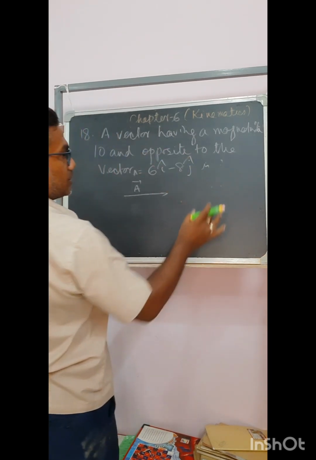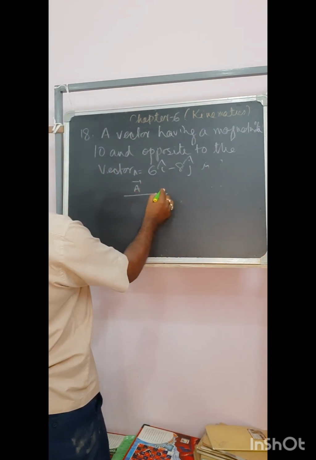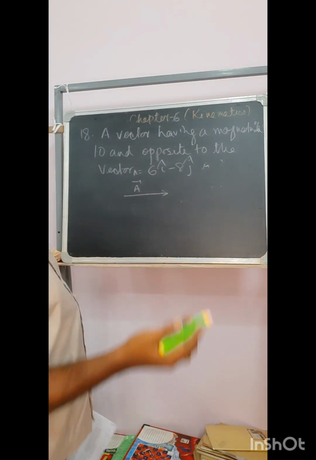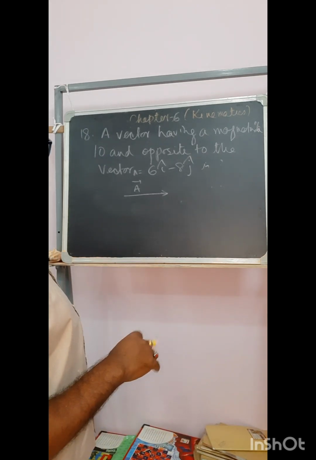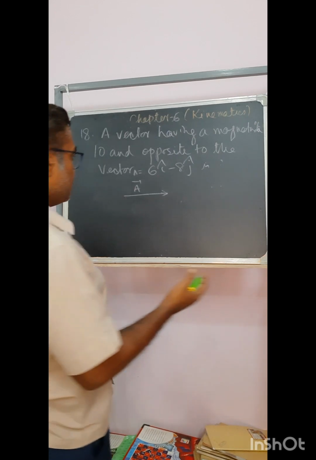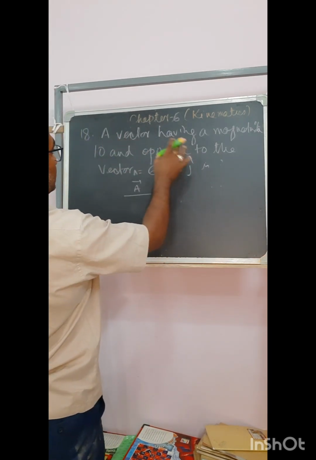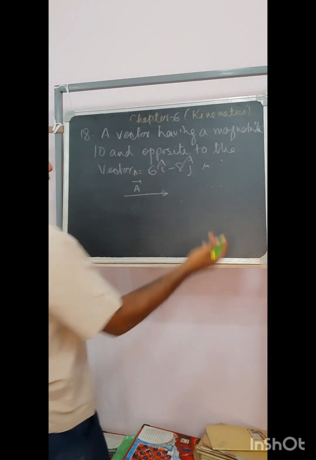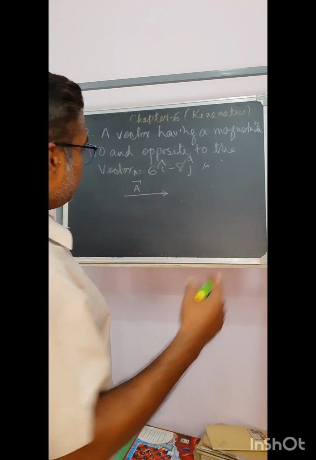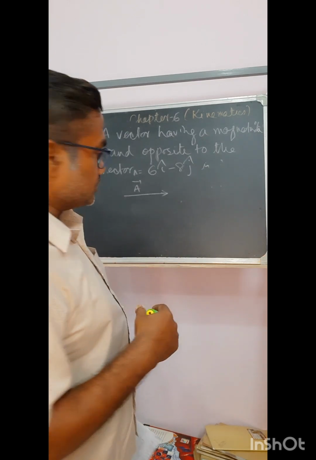Opposite vector is the vector which is opposite in direction, reversed. The magnitude also can differ for opposite vectors.